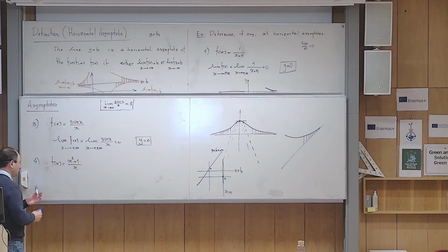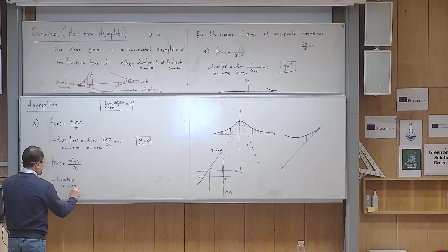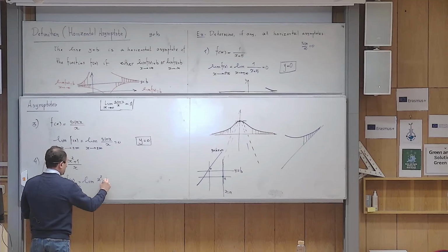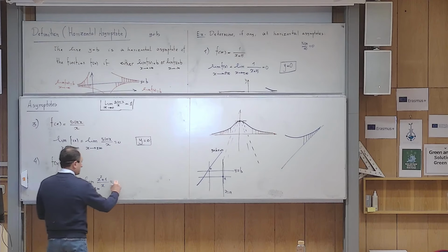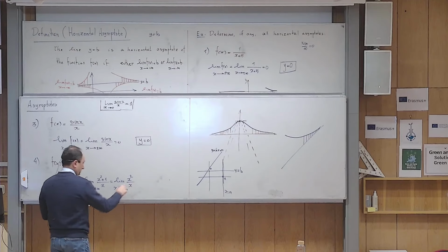Why? Because if you calculate the limit of f of x when x goes to plus or minus infinity, as before, what happens? In the numerator, x squared will dominate, so I ignore x, I ignore 1. But then what happens?